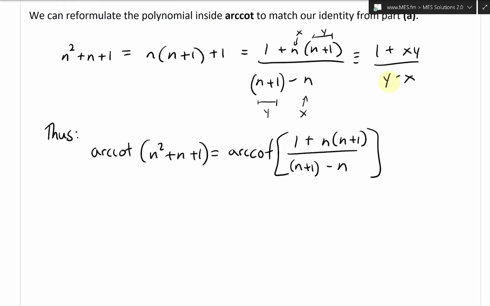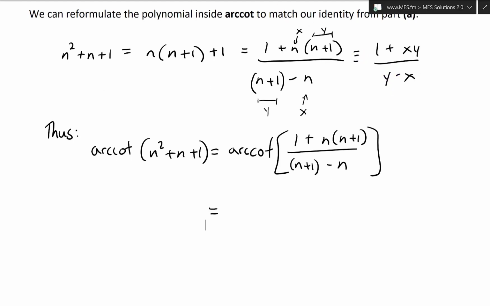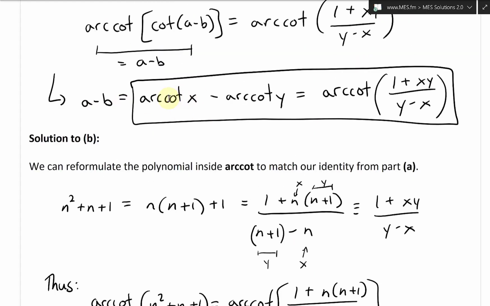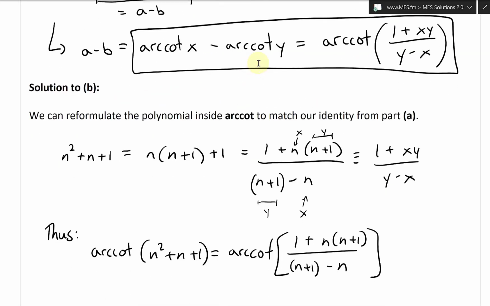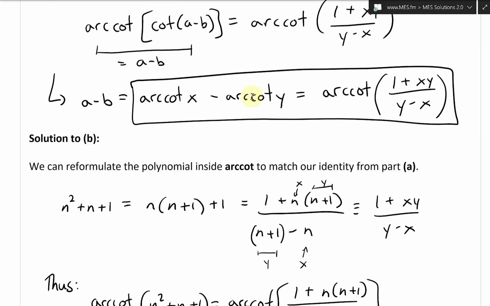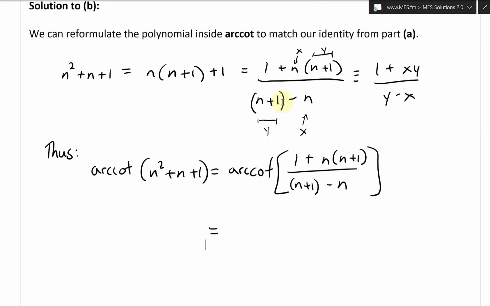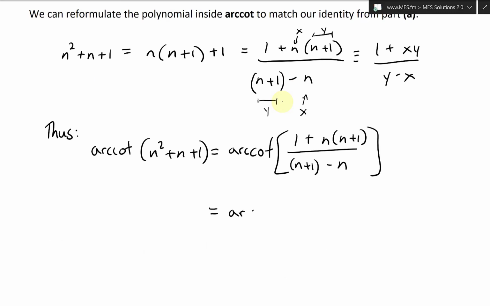Now we could apply our identity from part A. So this is arccotangent x minus arccotangent y, and in this case, x is n, and y is n plus 1. So this equals arccotangent of n minus arccotangent of n plus 1.